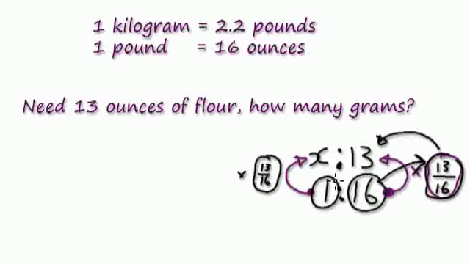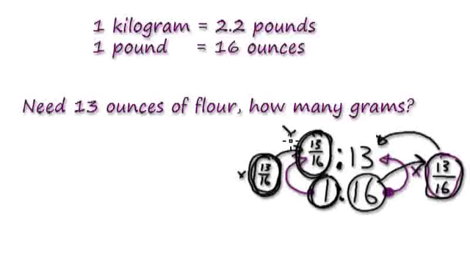Now if you get 1 times this magical multiplier, that will take you into the x. So basically x is 1 times this thing, so that would be 13 over 16. So 13 ounces will be whatever this is, and we know from earlier that it is above a half but lower than 1.